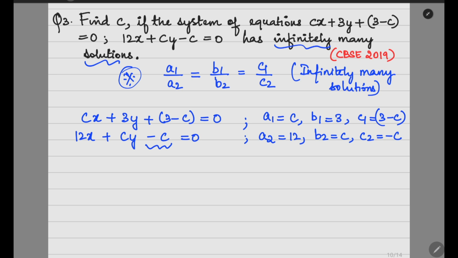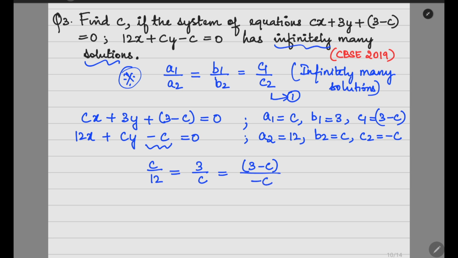Now we will write the condition for infinitely many solutions. So a1 by a2, c by 12, should be equal to b1 by b2, 3 by c, should be equal to c1 by c2, that is 3 minus c divided by minus c.